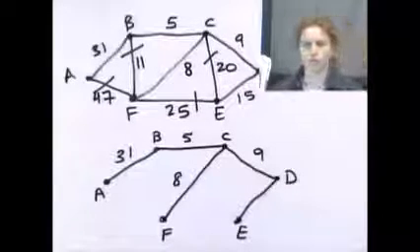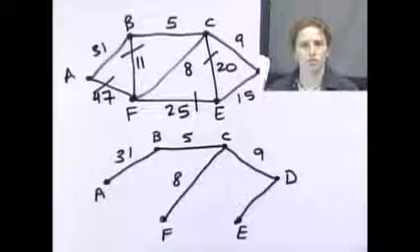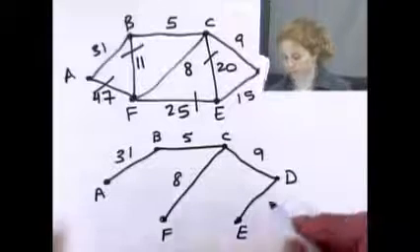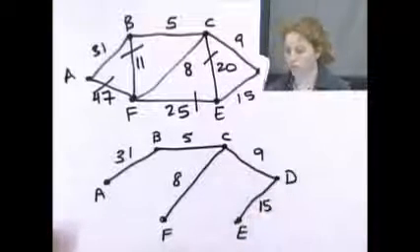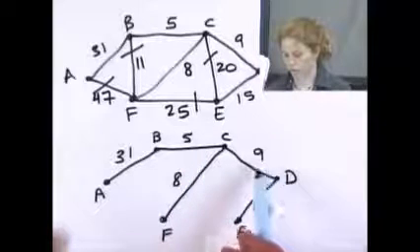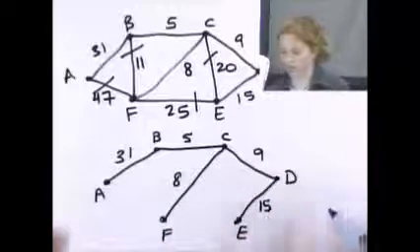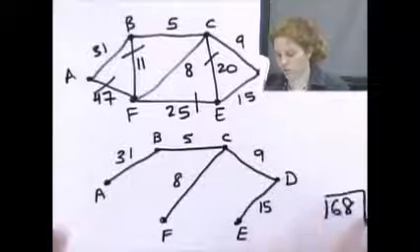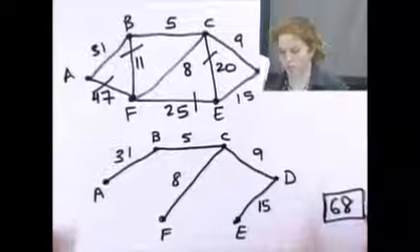So here we have a minimum spanning tree. So if we want to know the total weight of the minimum spanning tree, we add up these numbers, which is 44, 53, 68. So 68 is the weight of the minimum spanning tree for this graph.